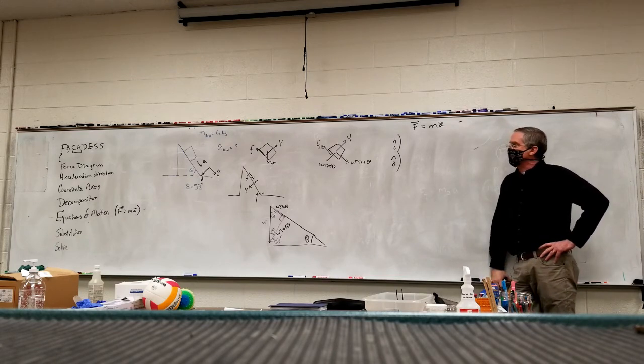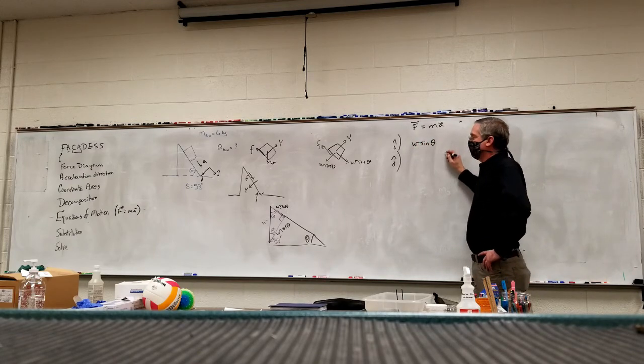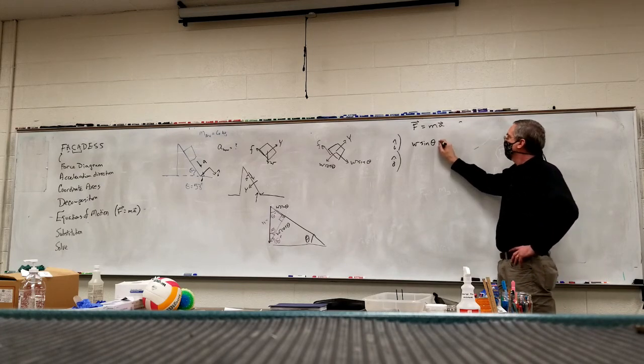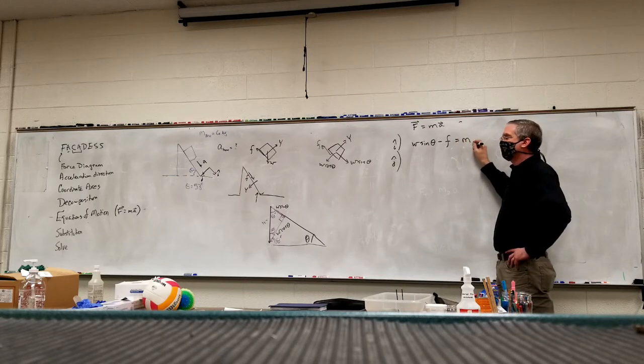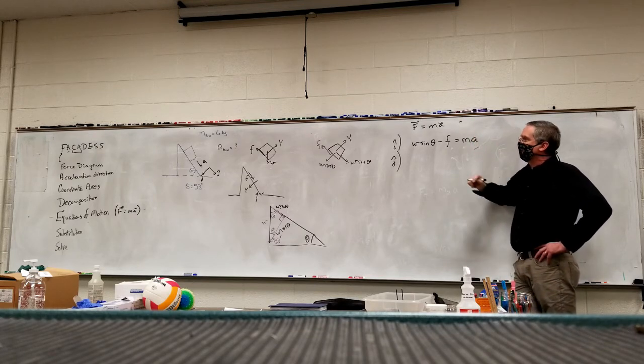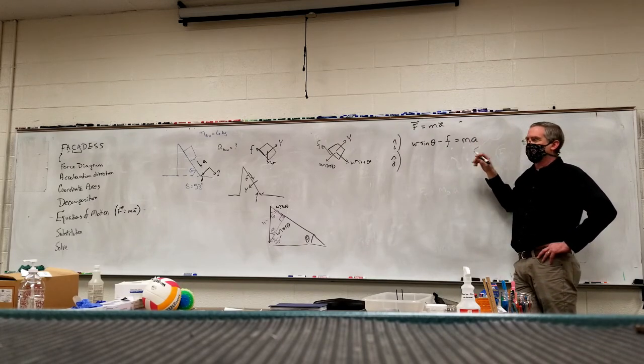So what's the i hat equation? W sine theta, minus friction, is equal to mass of the box times acceleration. Now, I did put a subscript over there of box, but considering there's only one object, I don't feel a need to, but nothing wrong if you put the word box as a subscript.